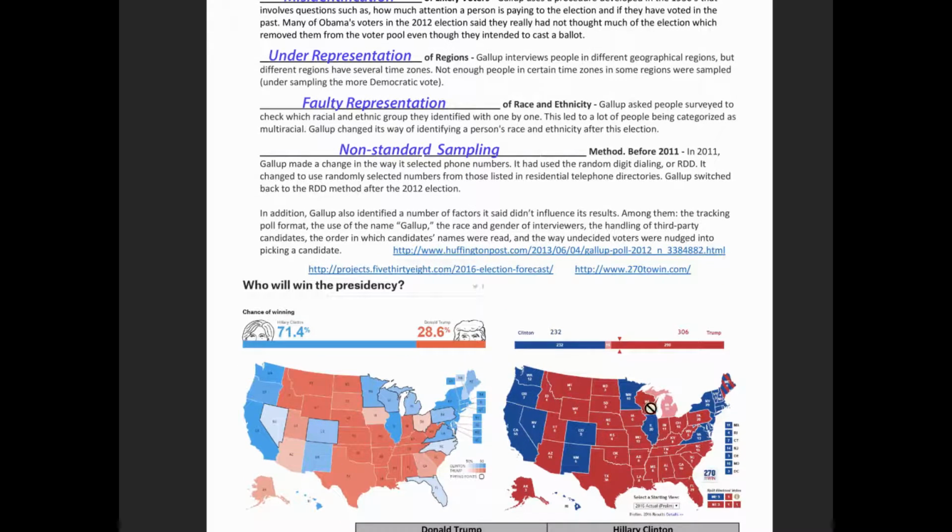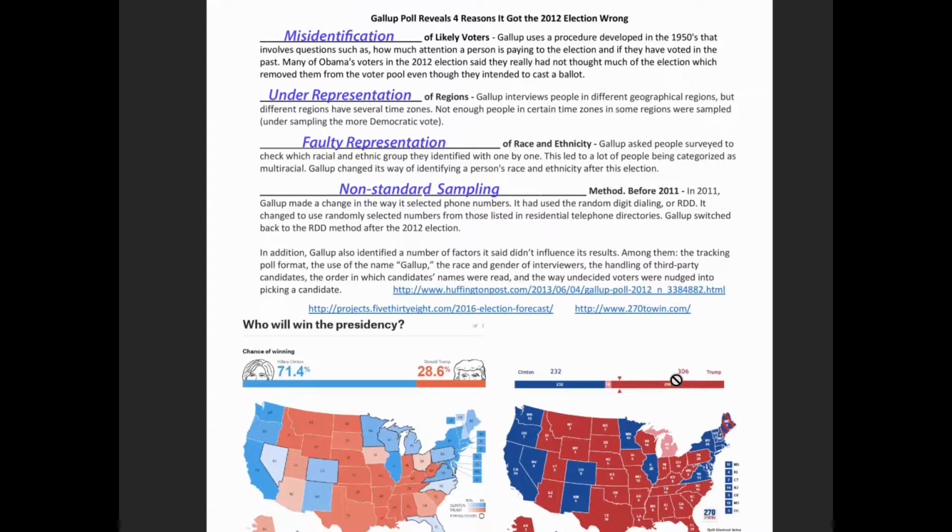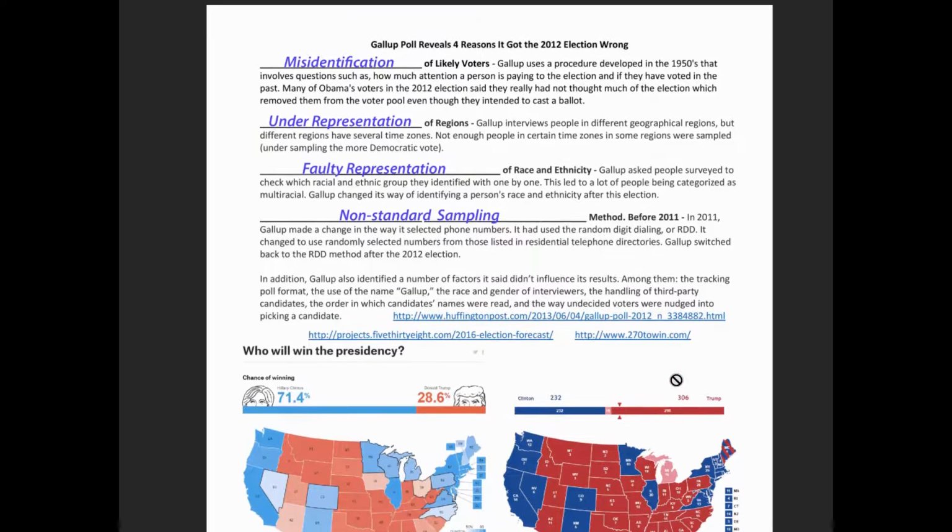If you look at the bottom, you can see how the map turned out in the end. So some of these states are not the same color, like Michigan, not the same color, Wisconsin, not the same color, even down here, Florida. And so those are some of the key states that actually pushed over Trump to get the Electoral College majority.